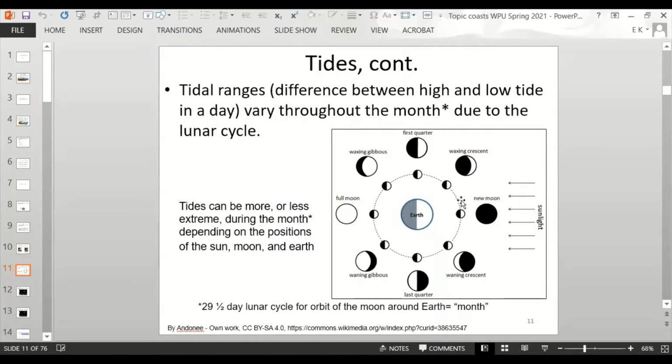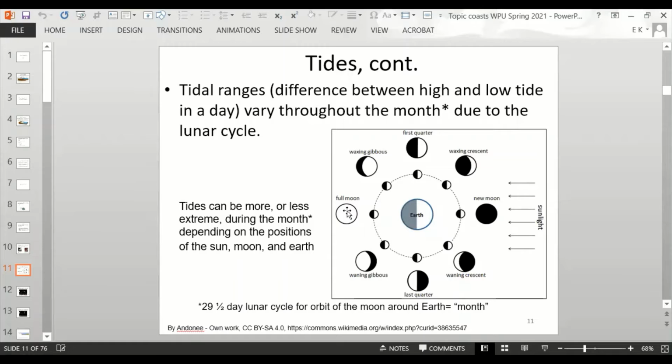So here is the Earth, then you have the moon, and then here is the sun. So when the Earth, moon, and sun are aligned in a straight line, all of the forces of gravity on the water on Earth are pulling laterally or horizontally.